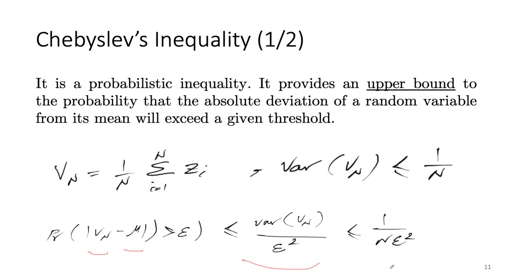So this Chebyshev inequality gives us a very rough upper bound, right? So you see, the higher the number of n is, chances are that we're going to get closer and closer.